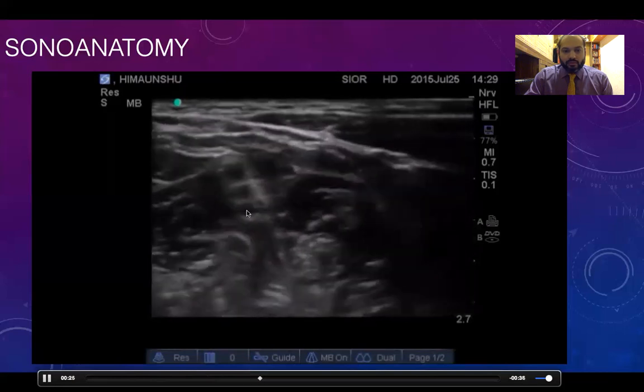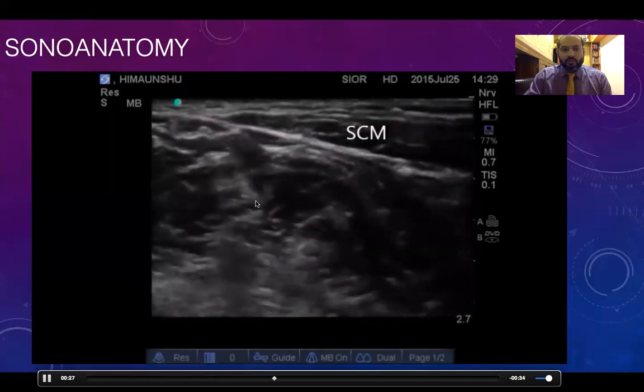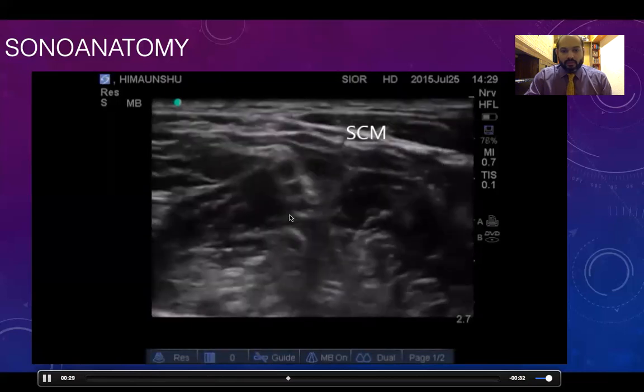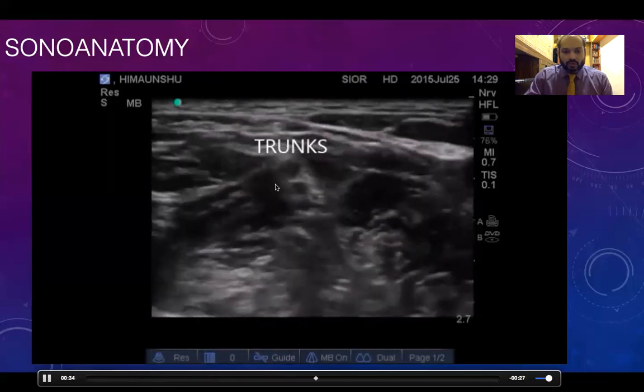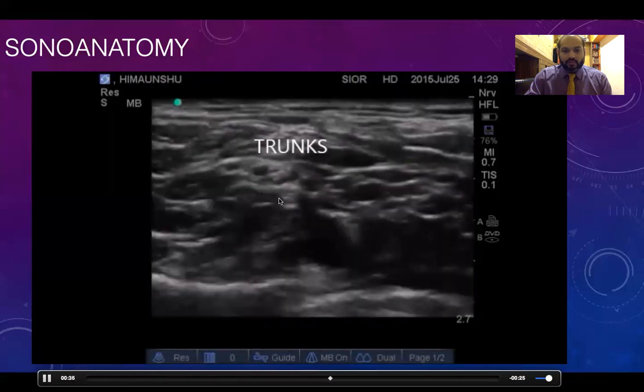Now from here, if we start scanning cephalad, keeping the brachial plexus in the center of the screen, this is the tapering end of the sternocleidomastoid, and we can see classically the traffic signal sign.